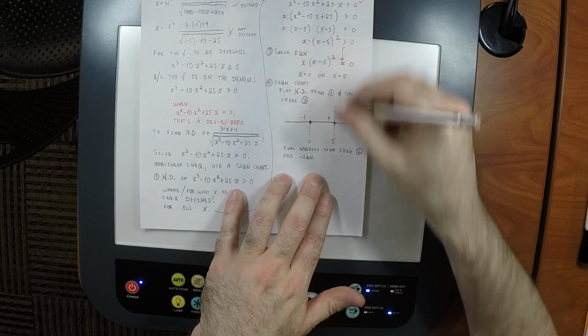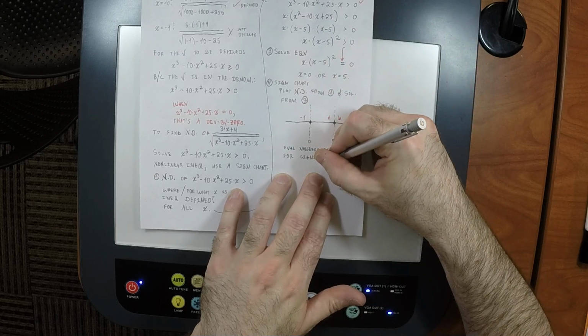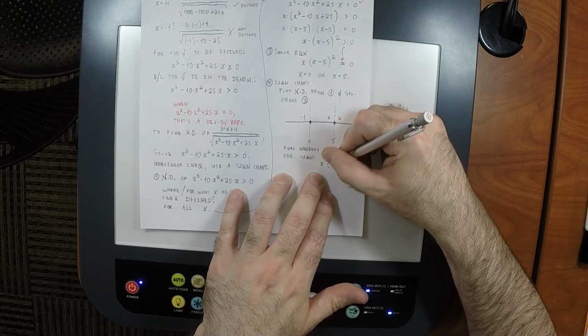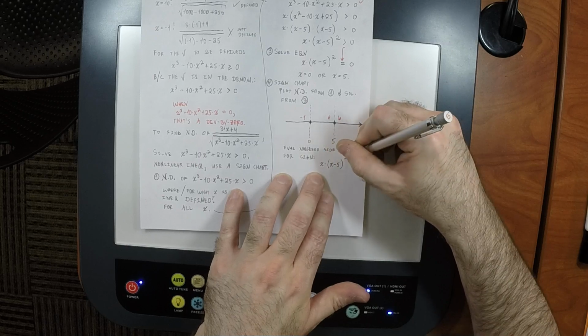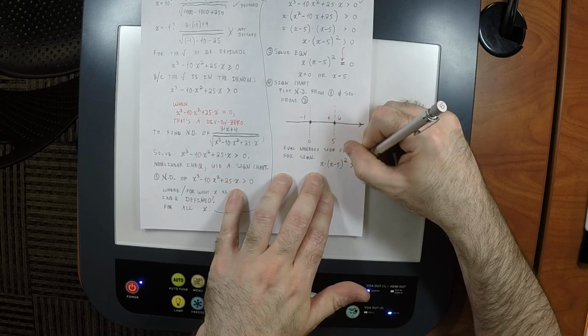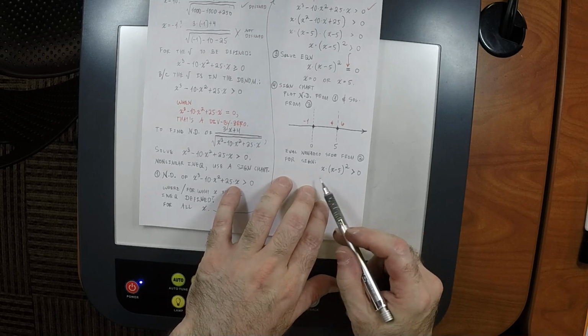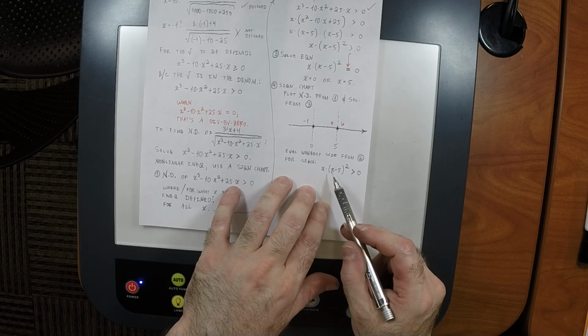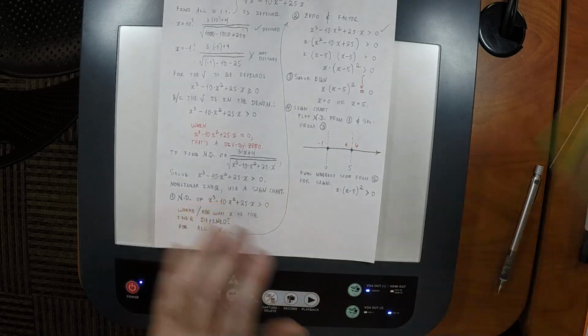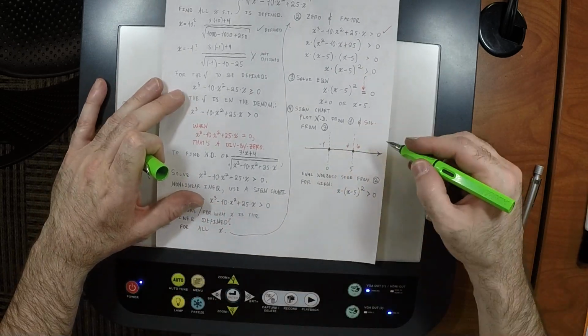Specifically, in step 2 we ended with this inequality, x multiplied by x minus 5 squared greater than 0. So we're going to plug stuff into that side, in each one of those regions.